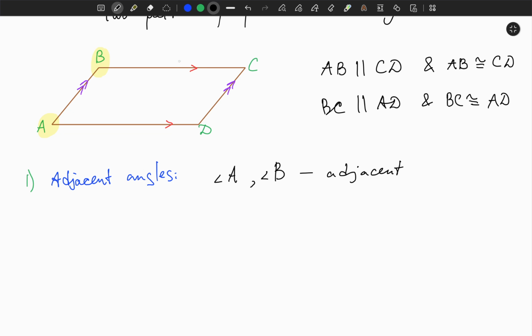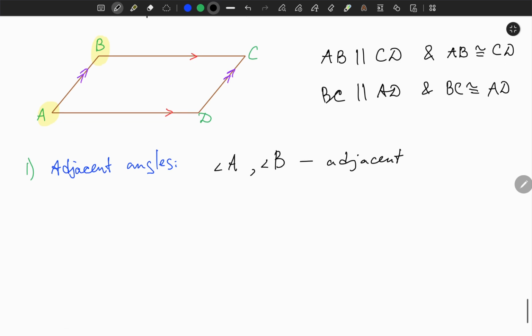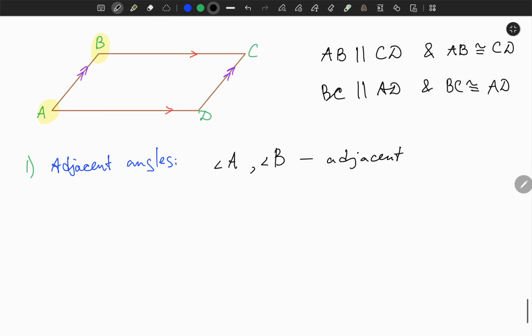What do we know? We know that these two lines are parallel. Nice. Now, these two lines are parallel, and AB is a transversal, or we can use alternate interior or exterior angles, consecutive. So with BC parallel to AD, we have transversal AB.